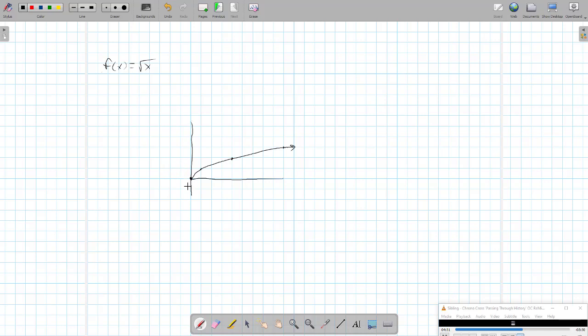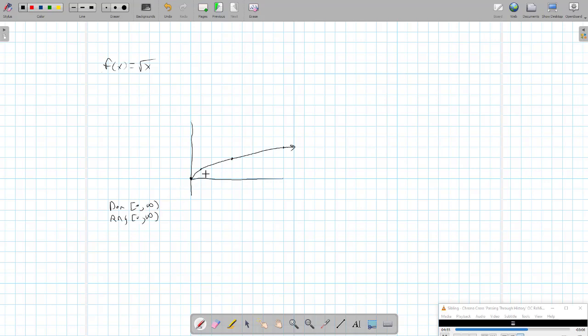Notice it has a lot of interesting properties. Its domain starts here, so its domain is 0 to infinity. Also, its range, because it also starts at y equals 0 and goes up infinitely. It goes up much more slowly than it goes to the right, but it does go up infinitely.